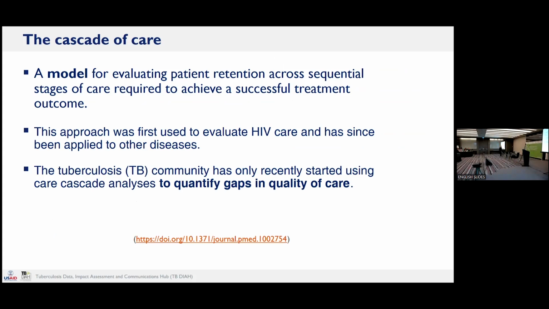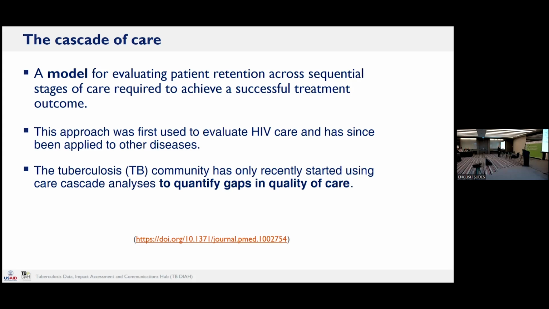This approach was first used to evaluate the HIV care, and we as representatives of TB programs, if we had joint meetings with HIV program representatives, we've seen they always show the cascade of care, starting with the number of people to be tested for HIV, then the number tested, then the number detected, then the number on treatment, then the sustained viral suppression, etc. We've seen it many times during presentations of HIV program representatives, but we've started it quite recently in the TB area.